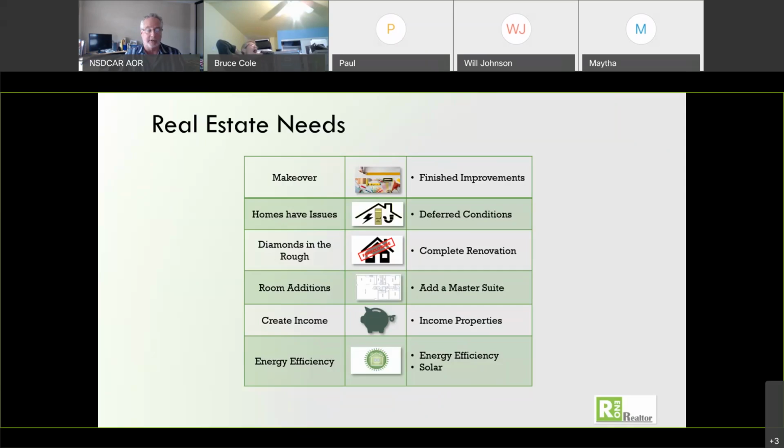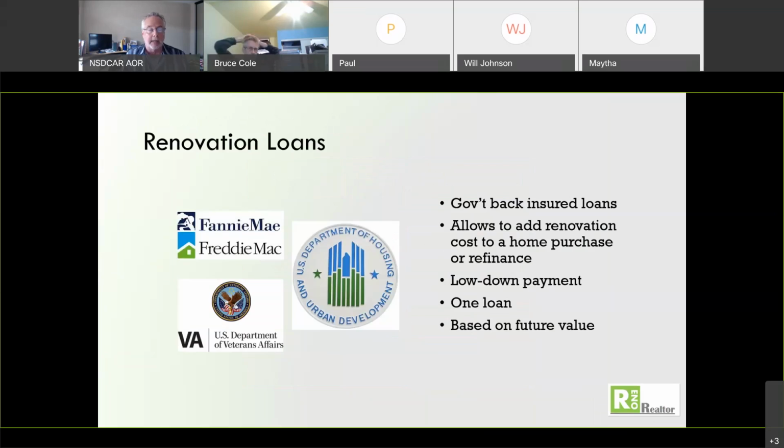We can do room additions. We can also create income properties, and I have a whole portfolio of properties that I can share with you on our Friday webinar. And then last but not least, there's plenty of opportunities to do energy efficiency. We'll talk a little bit more about that in our webinar today.